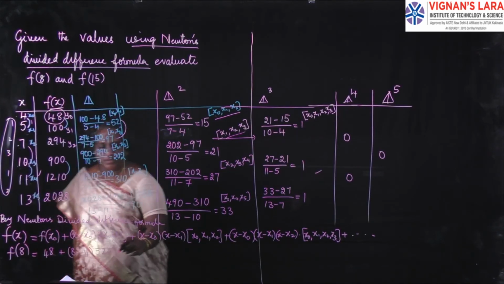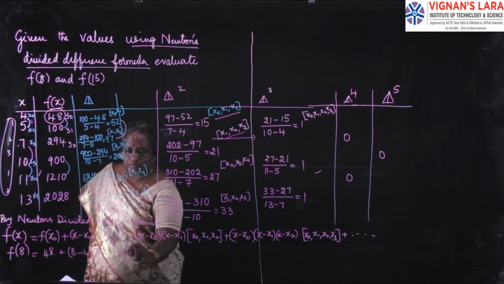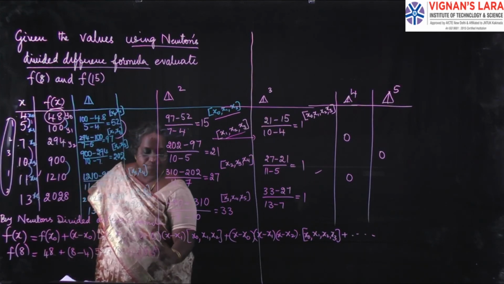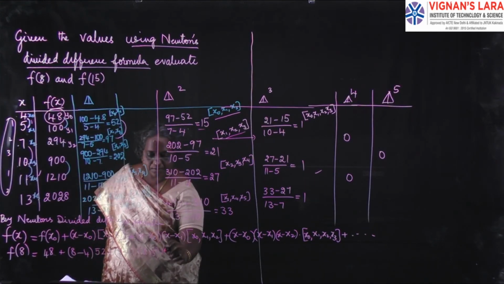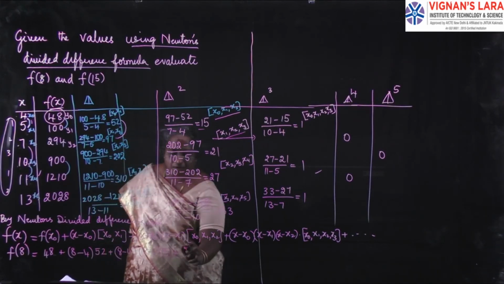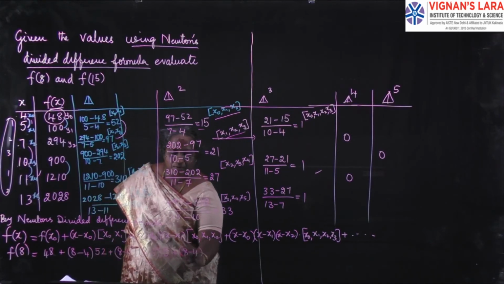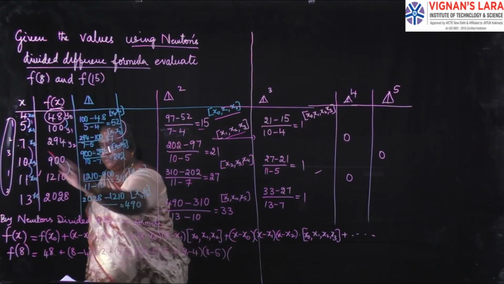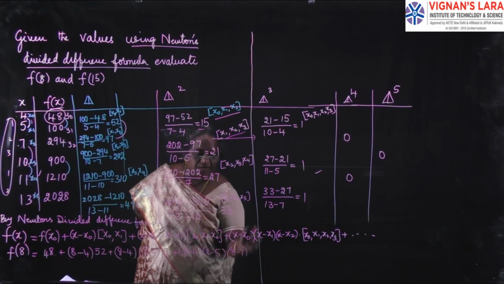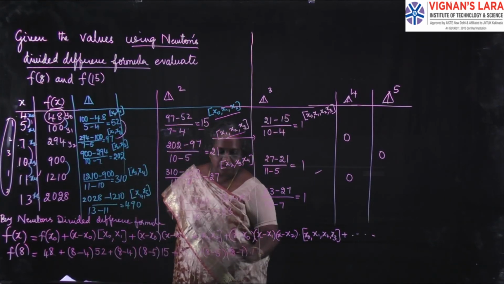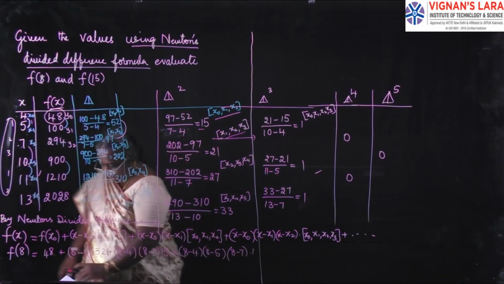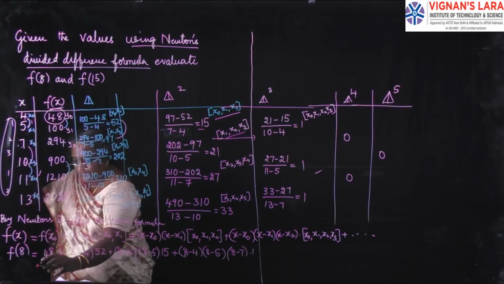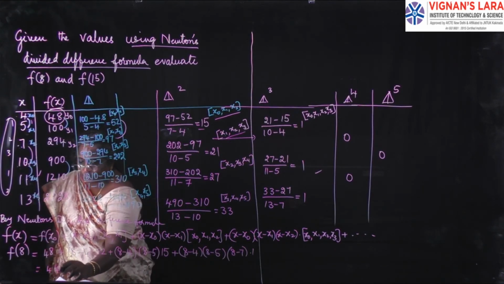Plus (8 minus 4) into (8 minus x1, which is 5), into the second divided difference 15. Plus (8 minus 4)(8 minus 5)(8 minus 7) into the third divided difference, which is 1. If you calculate, this value comes to 448.